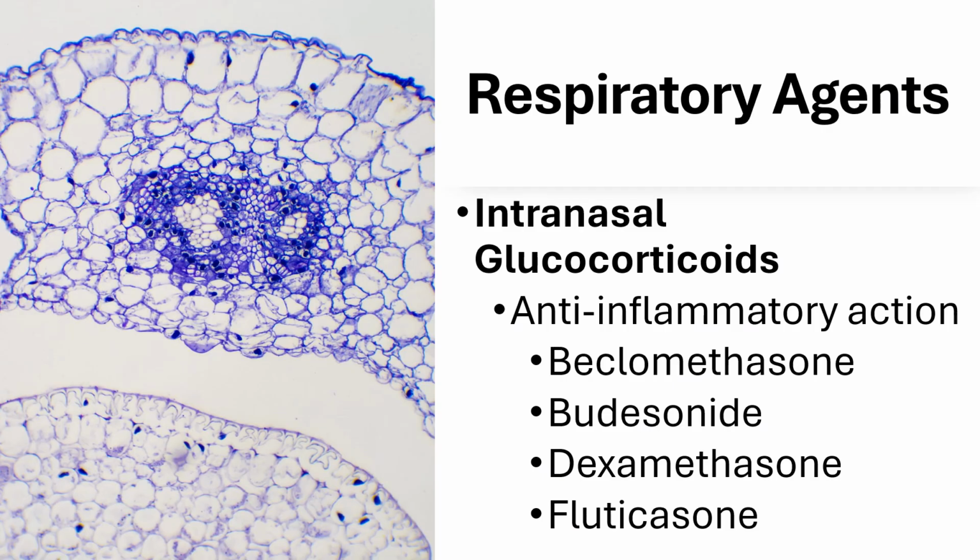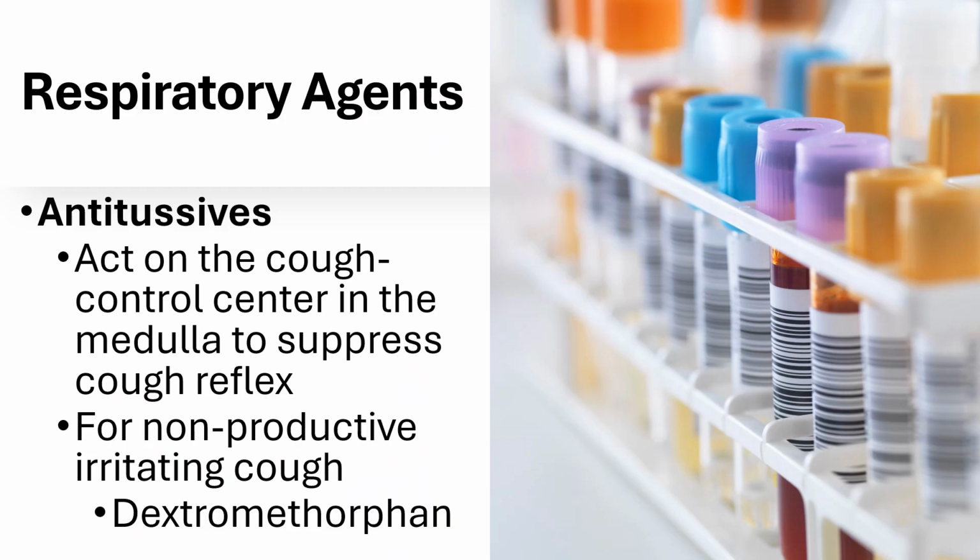For your intranasal glucocorticoids, you have anti-inflammatory action. Your budesonide and dexamethasone are the most common ones. Antitussives act on the cough control center in the medulla to suppress the cough reflex. This is for non-productive irritating cough, such as your dextromethorphan.